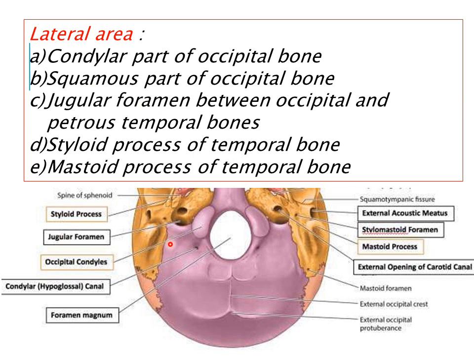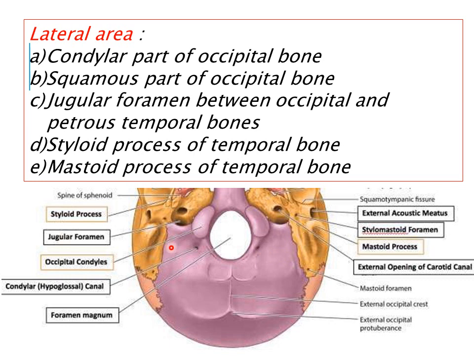Lateral area, what do we have? We have the condylar part of the occipital bone, where we can see the lateral occipital condyles, and the squamous part of the occipital bone. Then we have the jugular foramen between the occipital and petrous temporal bones.